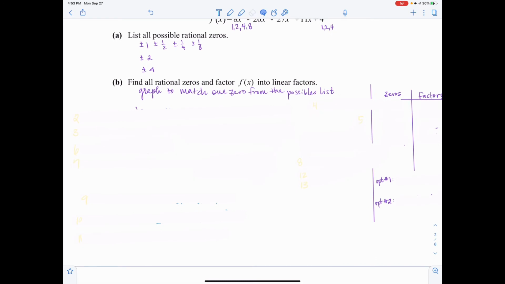So what I'm going to do then is I'm going to use synthetic substitution and I'm just going to try x equals -1. So if I were you, I would pause the video, use synthetic substitution to plug in x equals -1 and see if this truly is a good 0. Now, we're back, and I find out that, yes, it is a good 0.